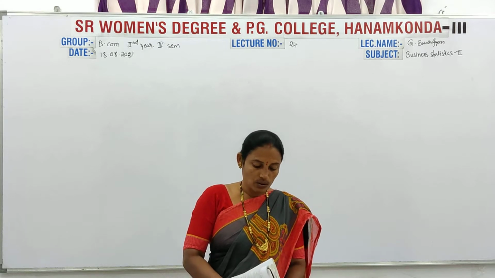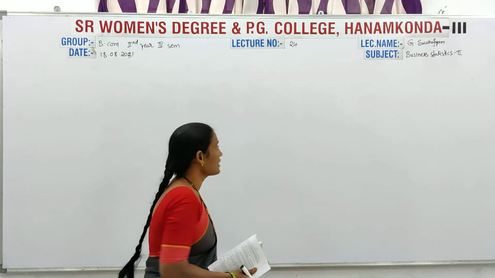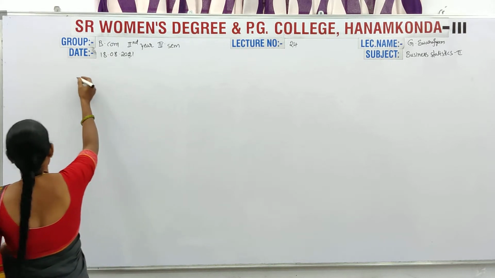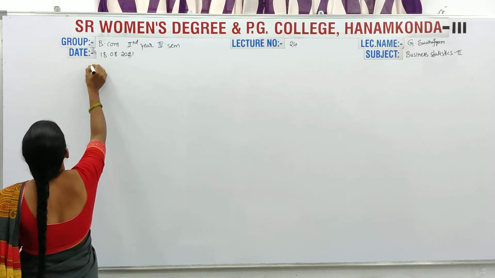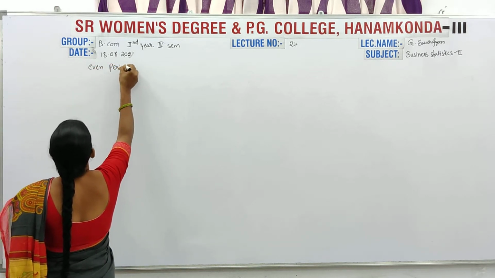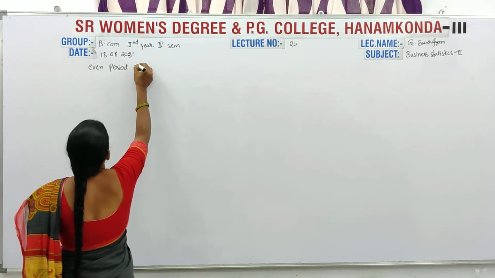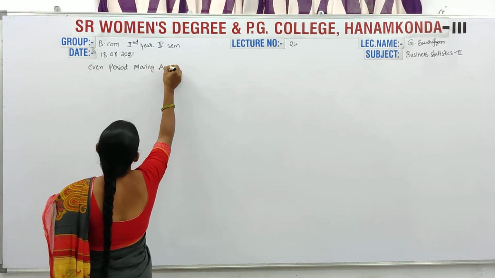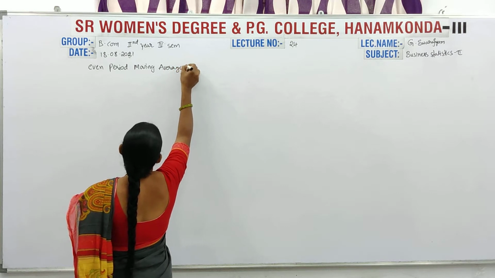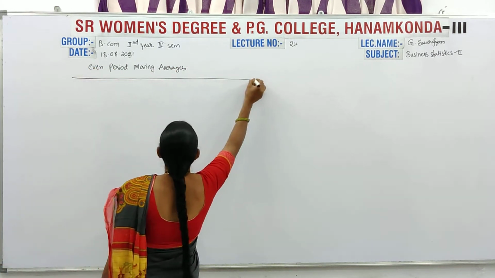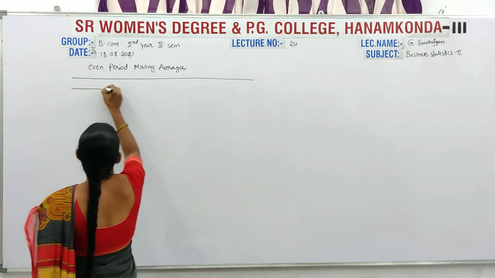So the data is given as even period moving average, right? We have 10 years of data.